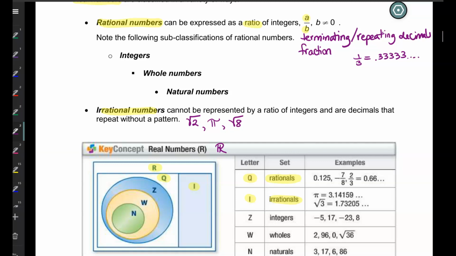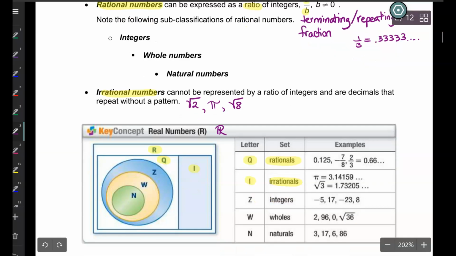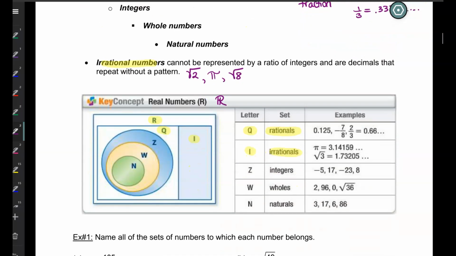A repeating decimal can be written as a fraction. It's like 2/3, because on calculators sometimes it's 0.66666. That would be repeating, so that would also be rational. So rational numbers, you can make it into a fraction. Irrationals, you can't.